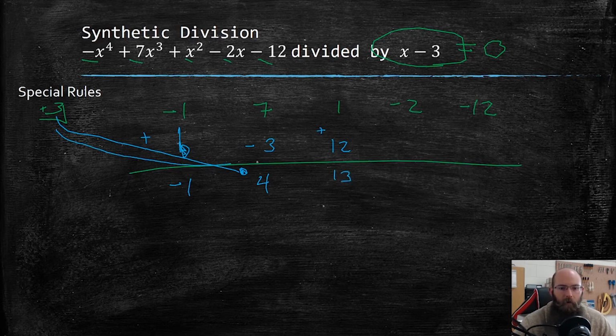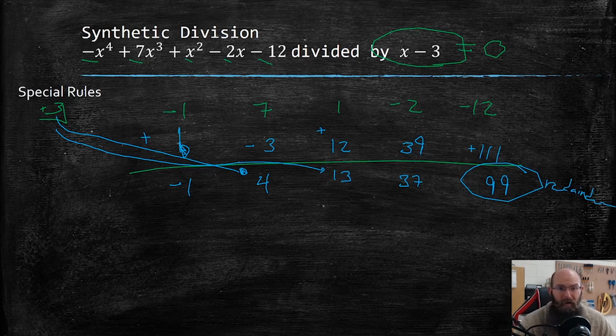I again multiply those, and I get 30 plus 9, 39. And add those up, and I get 37. Multiply that with that 3, and that's 90 plus 21 is 111. Add those down, and I get 99. All right, and then from here, I know I have a remainder of that 99.